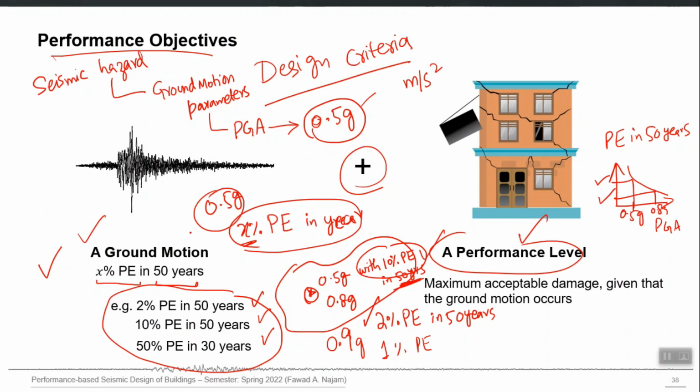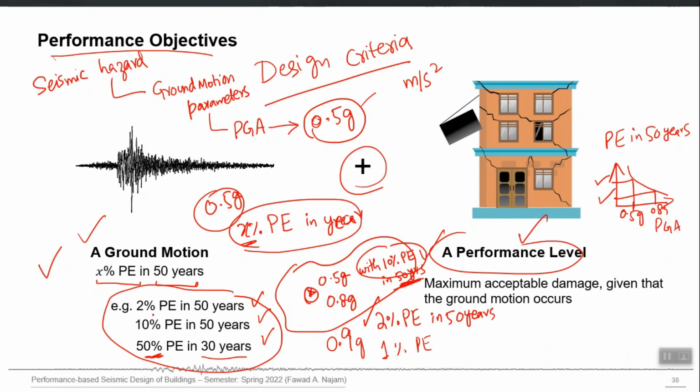These 3 are exactly the same 3 which are shown here as an example: 2% probability of exceedance in 50 years, 10% probability of exceedance in 50 years, and 50% probability of exceedance in 30 years. These 3 probabilistic definitions of seismic hazard are considered a standard for the performance based evaluation of buildings.